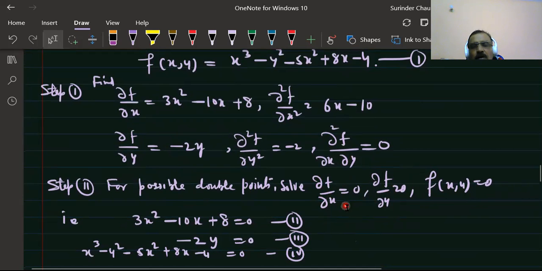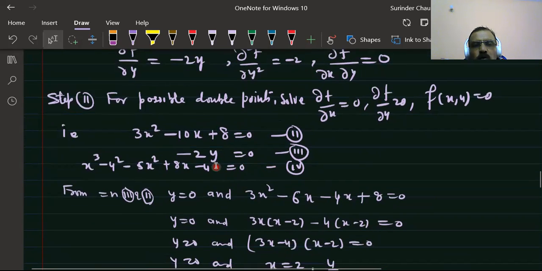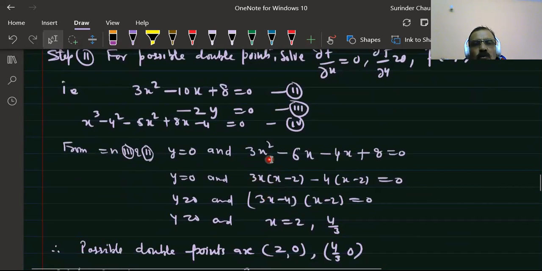Find the ordered pairs for which these equations are satisfied. So y comes out to be 0, and solving the equation for x, we get 2 and 4 by 3. So possible points are (2, 0) and (4/3, 0).